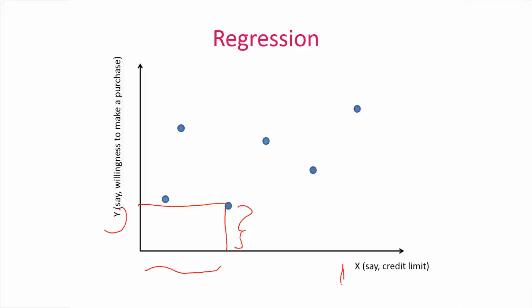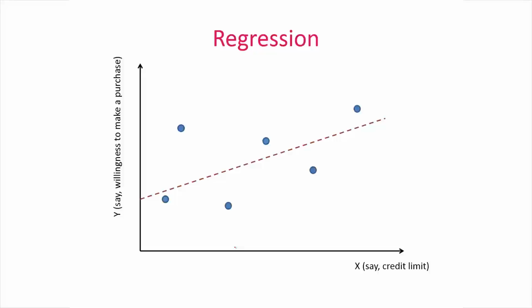What it tries to do is find a line that best expresses the relationship between X and Y. And that line might look something like this. So what is this line? Let's imagine we've got this dotted line. This dotted line, as I said, might express the relationship between X and Y. But if you look at any given individual here, their actual data deviates from the line.